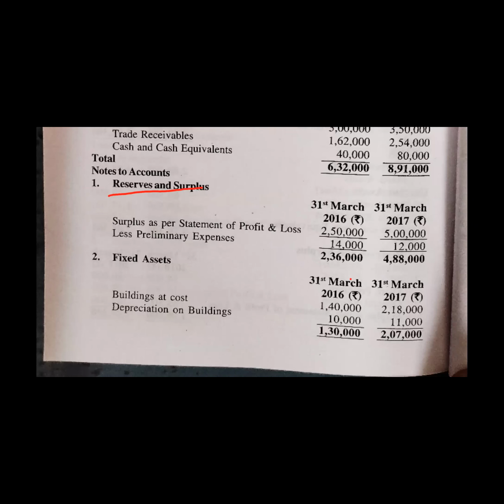So reserves and surplus: under that, surplus as per P&L statement, meaning profit and loss for the year, we need to find out with this. It goes to funds from operation, and preliminary expenses also are part of funds from operation. See, P&L previous year is 2,50,000, current year is 5 lakh.